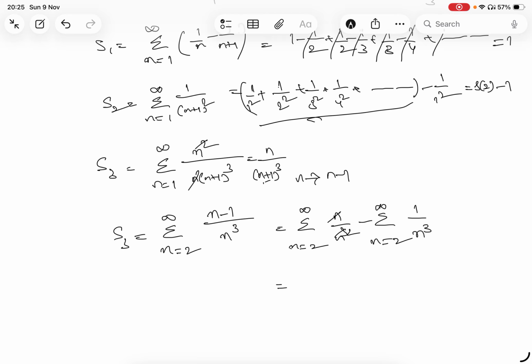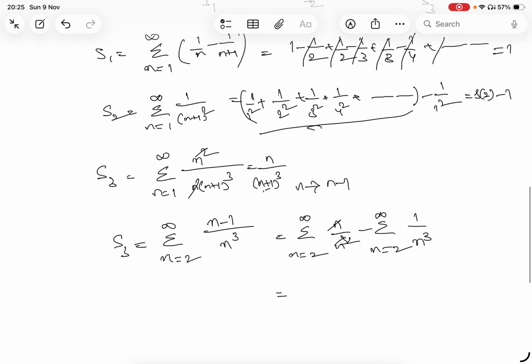This is the same as the S2 part, right? Here it's getting started from n equal to 2, then it will be 1 by 2 square plus 1 by 3 square. Then this is the Riemann zeta function of 2 minus 1. Fine. This can be written as this. It's a similar one, Riemann zeta function of 3 minus 1. Fine. This is Riemann zeta function 2 minus 1.